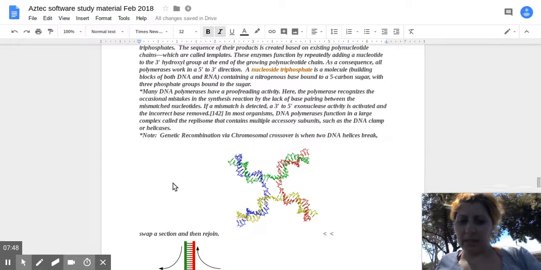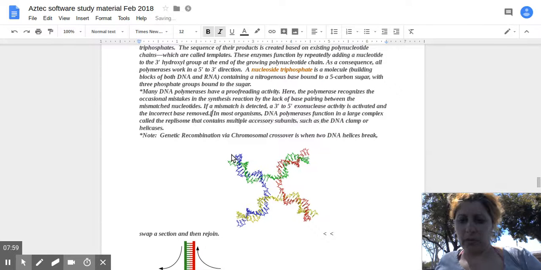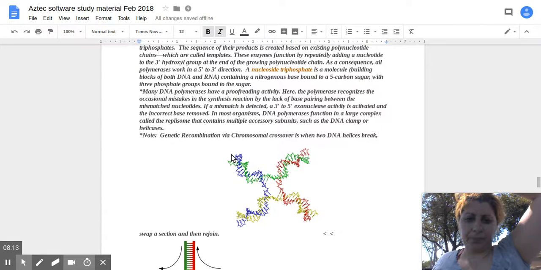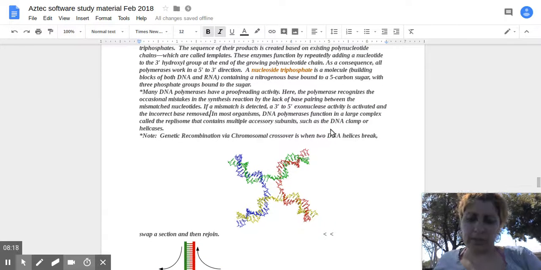In most organisms, DNA polymerases function in a large complex that contains multiple accessory subunits. So it's a protein complex that serves the purpose of cleaving and proofreading the molecules of DNA, and the subunits include DNA clamp and helicases.